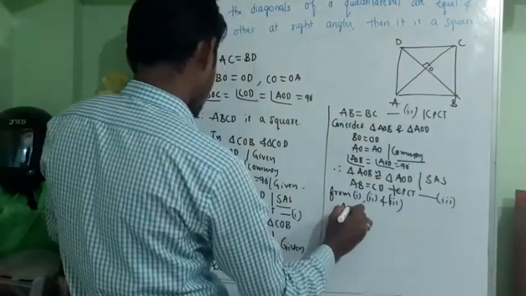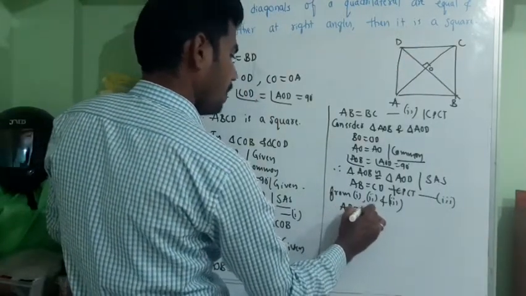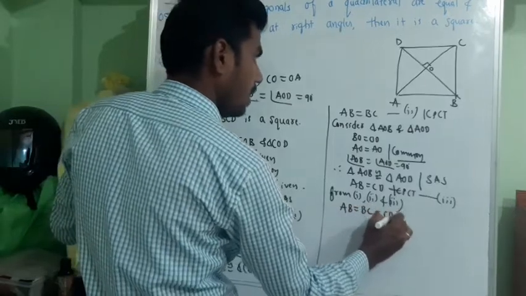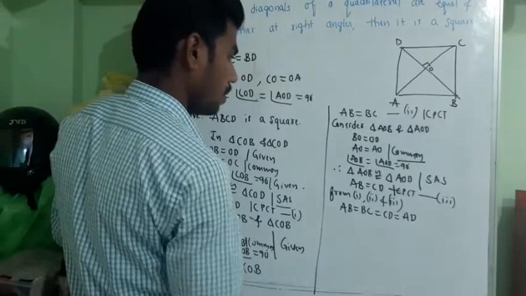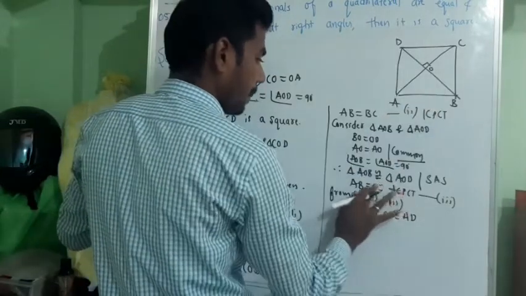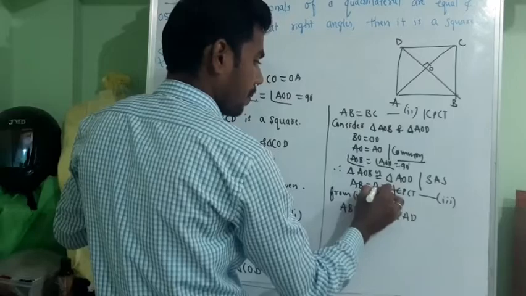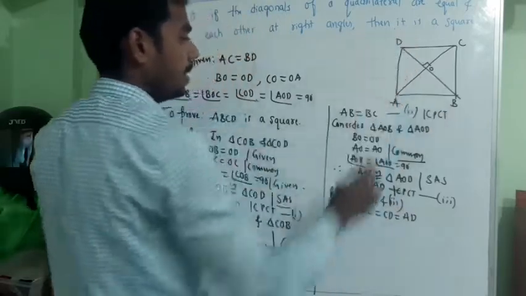AB is equal to BC is equal to CD is equal to AD. Sorry, this is AB is equal to AD.